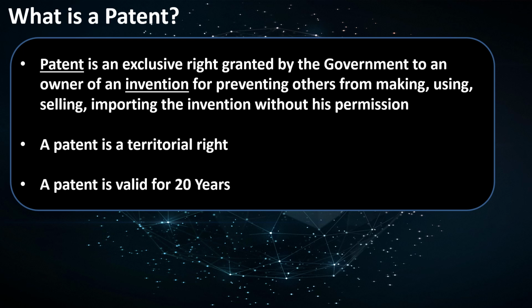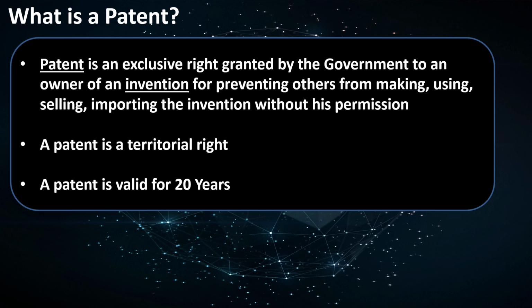So it's not possible that an inventor can file a single patent application and then protect the invention throughout the world. There is no facility as such provided. So the inventor or the applicant needs to decide which countries he or she wants the protection in, and then accordingly file the patent application for that invention in those countries.